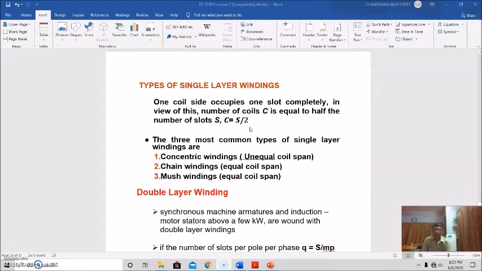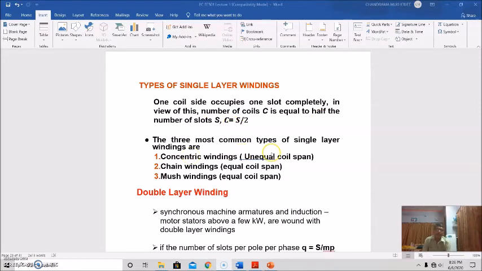Now we'll in short discuss the types of single layer winding. If one coil side occupies one slot completely, the number of coils C is equal to half of the number of slots. In that case, C will be S by 2.